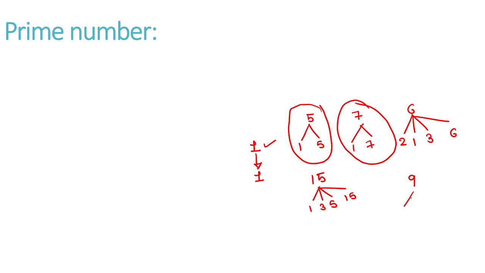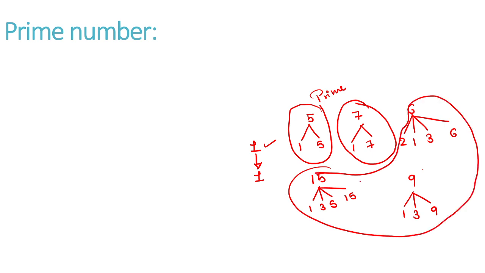No, because I can see multiple factors of it: 1, 3 and 9. These are the 3 numbers which divide it. So the number which has more than 2 factors is called a composite number.